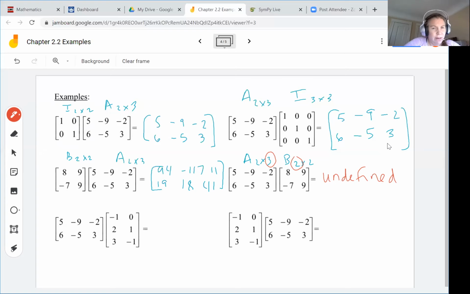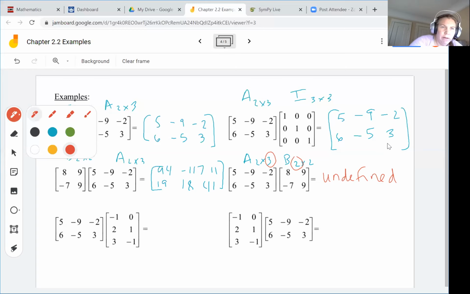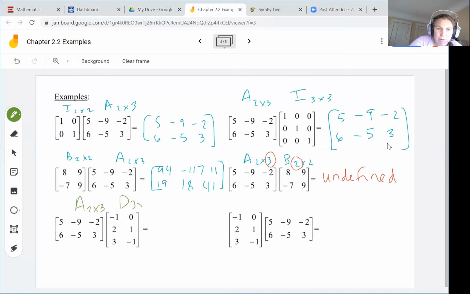All right, and then let's take a look at our last example. In our last example, we are going to multiply a 2 by 3 matrix by, I guess we'll call this D, a 3 by 2 matrix.